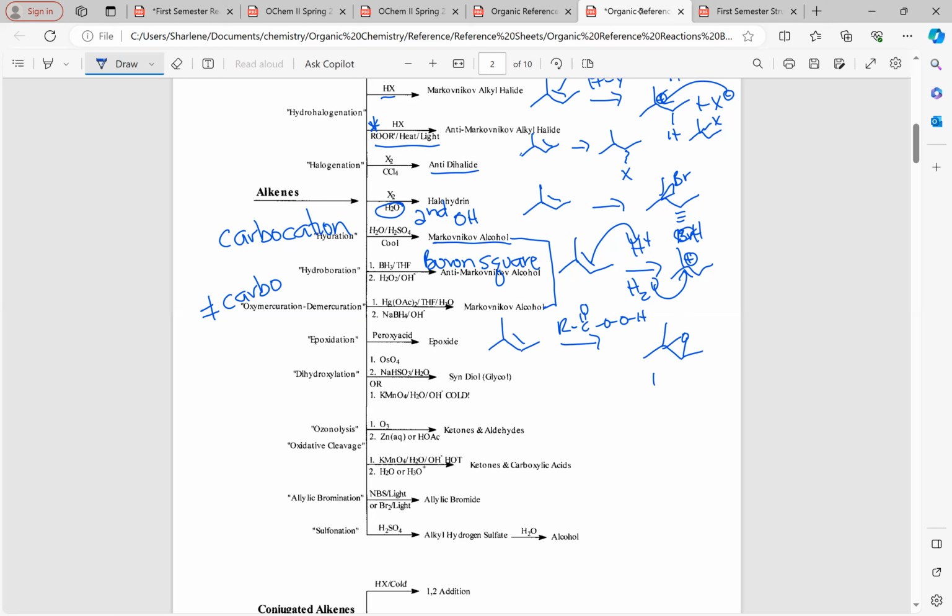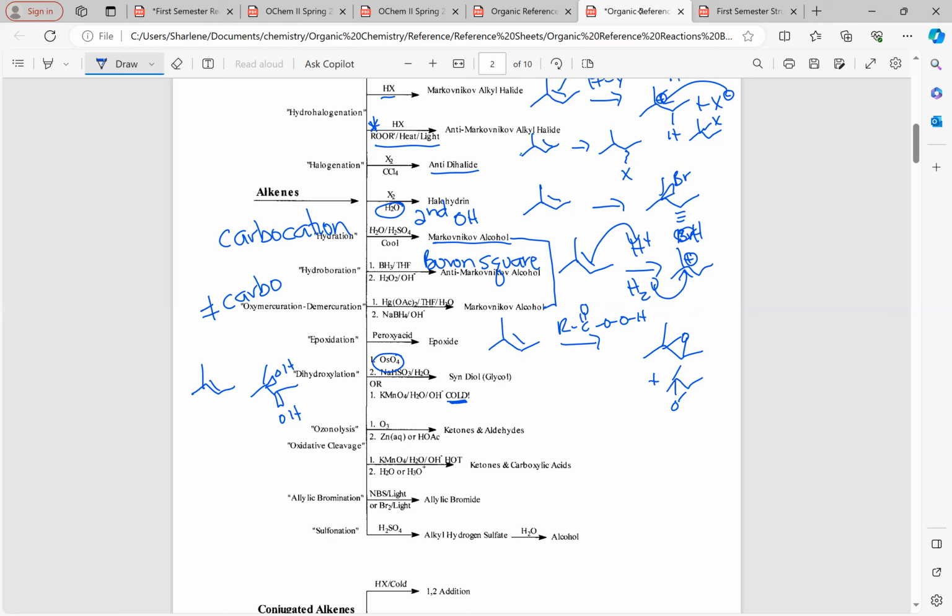Since you have no control, you can make the epoxide from the top or the epoxide from the bottom. Dihydroxylation, you can use osmium tetroxide. Remember, it's syn addition, or potassium permanganate, but you do have to go cold or it'll go on.